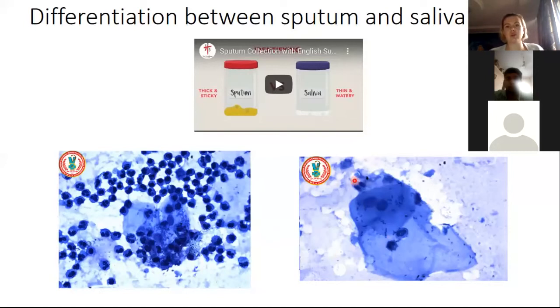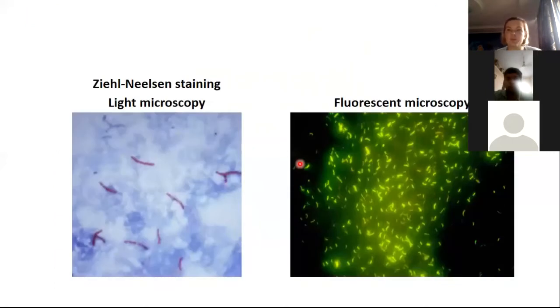Why is it so important? This is a microscopy picture of Ziehl-Neelsen staining. You can see a blue background color because we use methylene blue for staining.